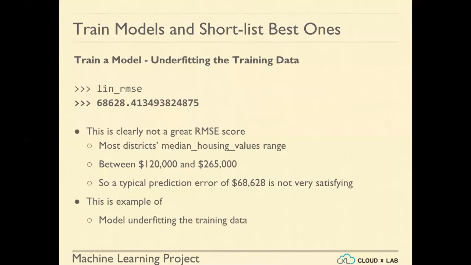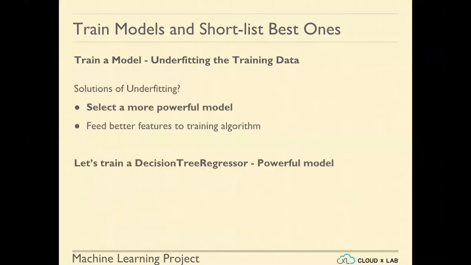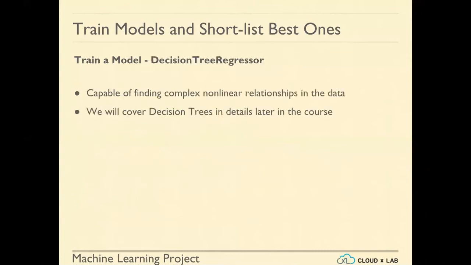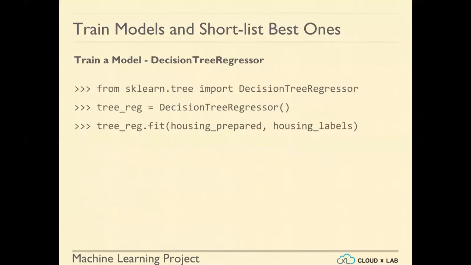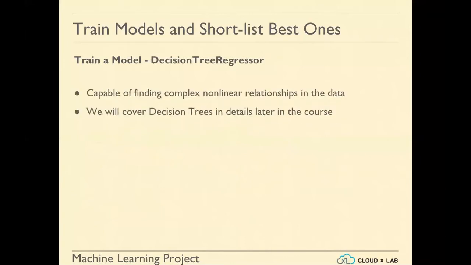Now this is an example of a model underfitting the training data. What is the solution to underfitting? The answer is to select a more powerful model, or feed better features to the training algorithm. So what we do is we train it with the decision tree. Decision trees are capable of finding nonlinear relationships.